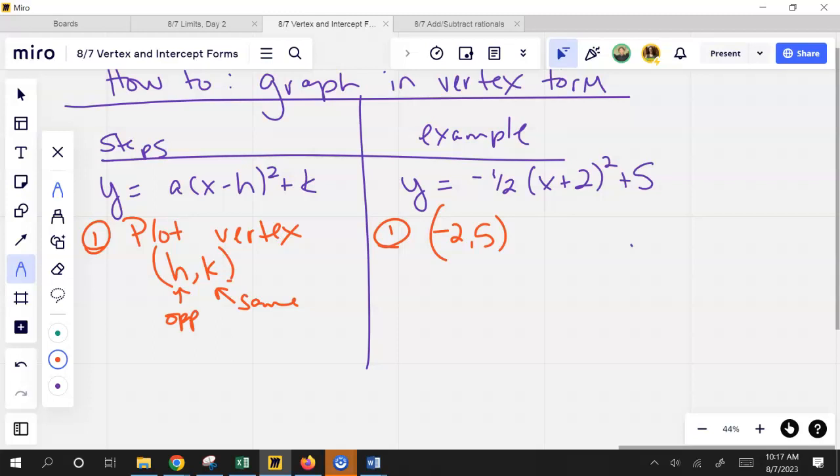This is my favorite form to graph in. I'm going to go ahead and plot (-2, 5): 1, 2, 3, 4, and 5. Remember, this is also my axis of symmetry, yes?